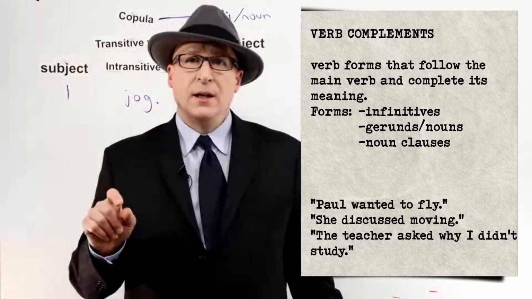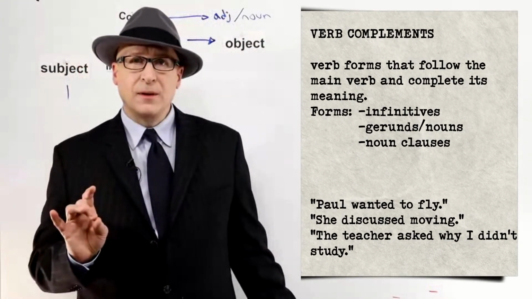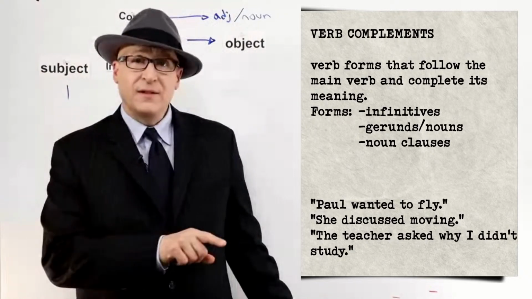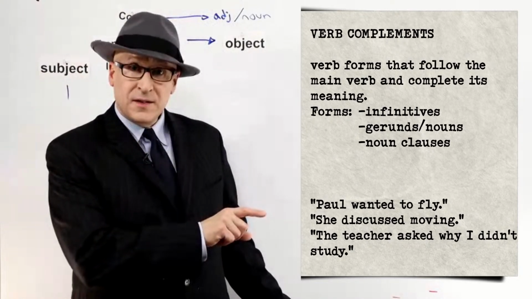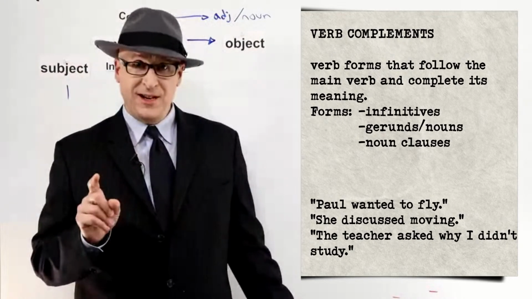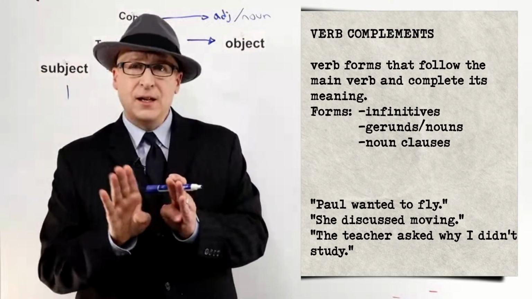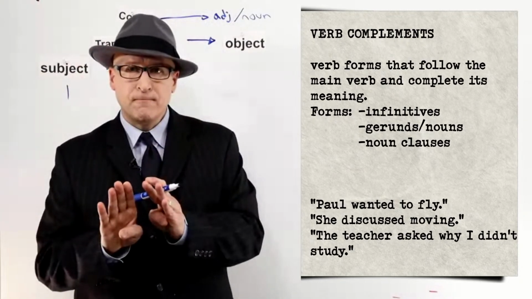Okay? We can't just say she discussed. It's a transitive verb. And because it's transitive and it requires a direct object after it, it also means you cannot have a preposition after it because you have to have a direct object right beside it. She discussed something. Okay?